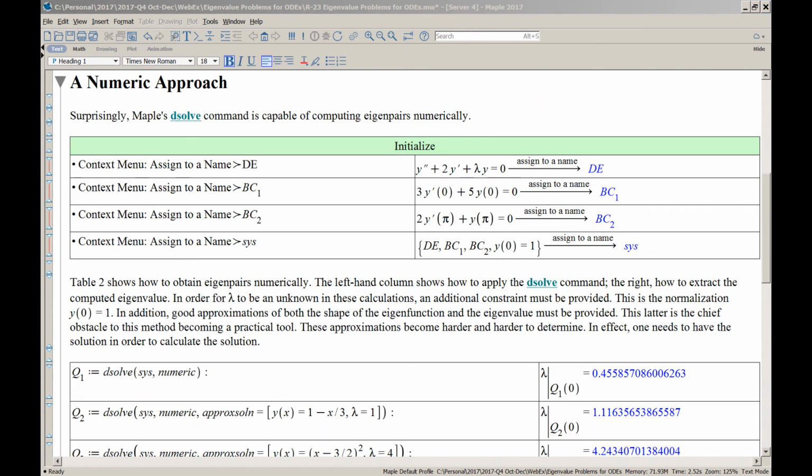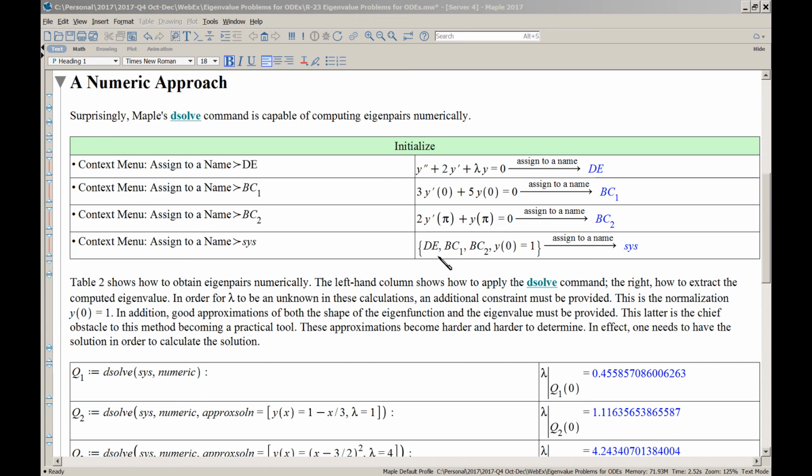Now finally, I'm going to take a look at a numeric technique that the dsolve command supports for Sturm-Liouville problems. Let's take our differential equation. It's not even formally self-adjoint. Here is the first boundary condition. Here is the second boundary condition.